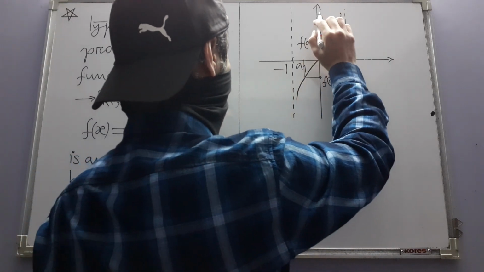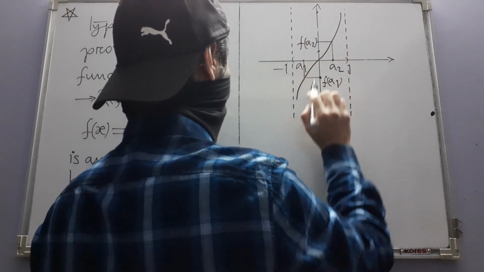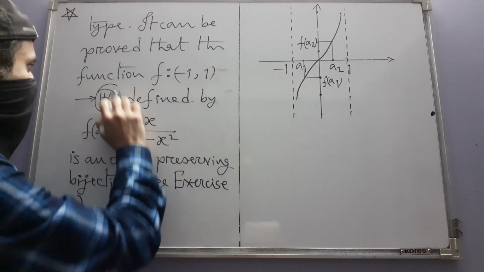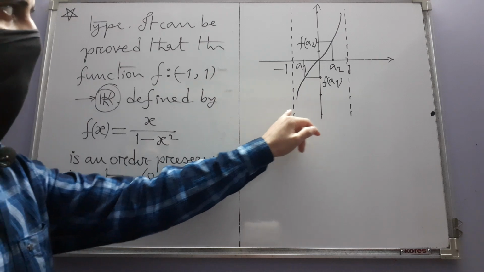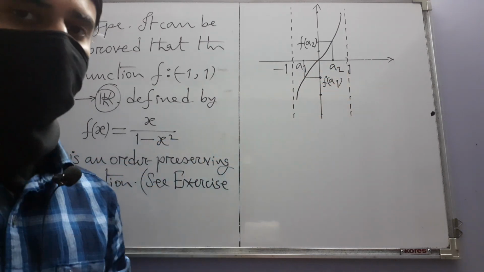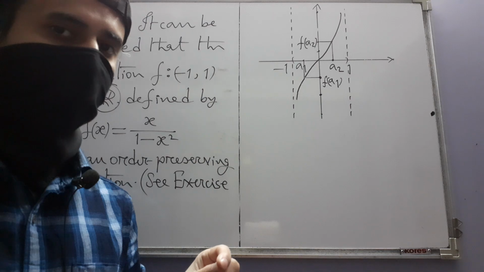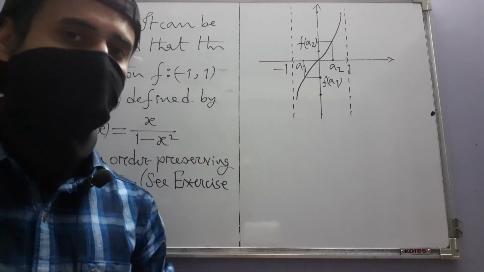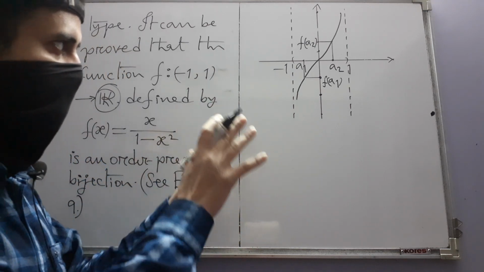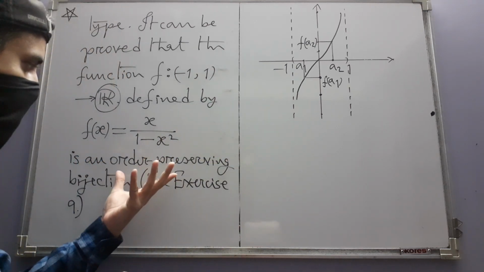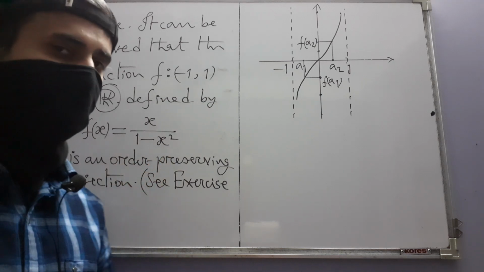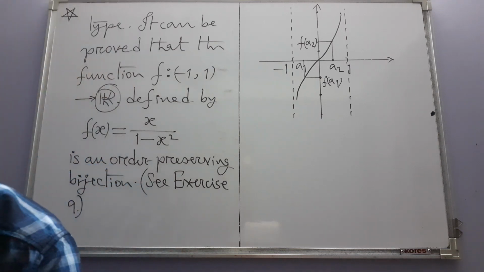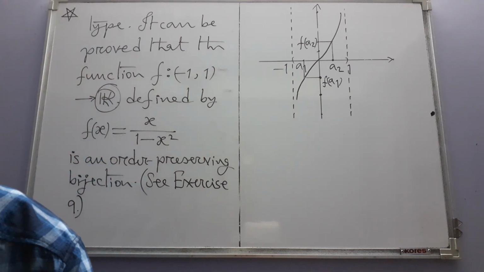Any point you take, whether it's really very high or low or goes below the x-axis, no matter what point you take in R, there is a corresponding point on the graph. And from that point, if you draw a perpendicular to the x-axis, you will get the input for which that point is the output. Geometrically, these are just some vague ways of seeing why the function should be order preserving and why it should be a bijection. But of course, when we solve this exercise, we will do these things rigorously. Let us next see example 10.